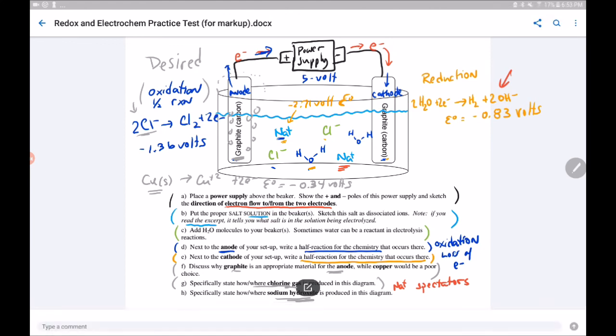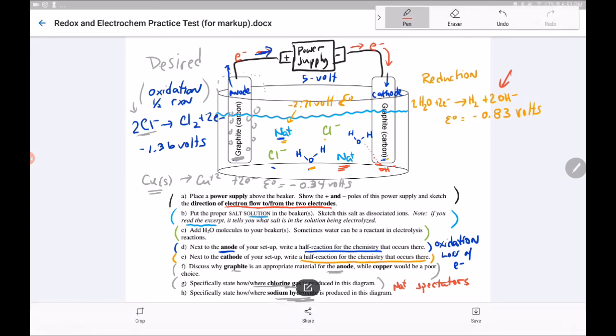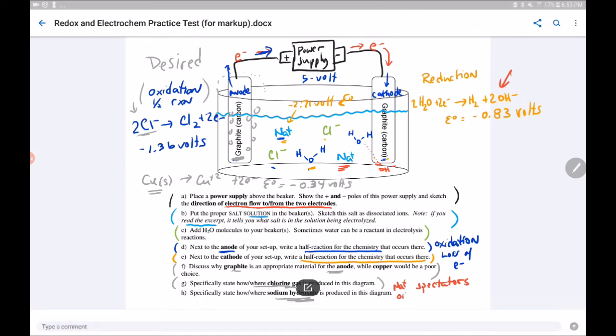So at this electrode, OH minus will be produced from the water. So that's how you get sodium hydroxide, OH minus produced via reduction of water.